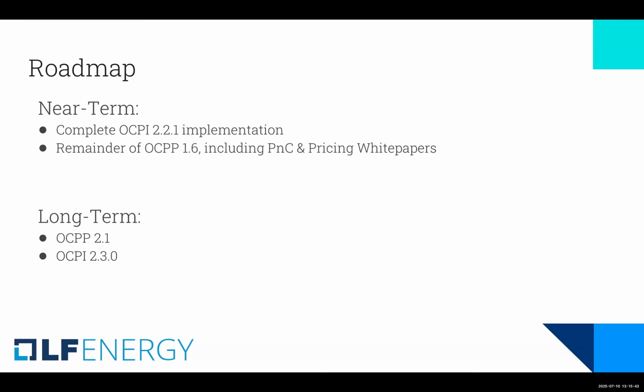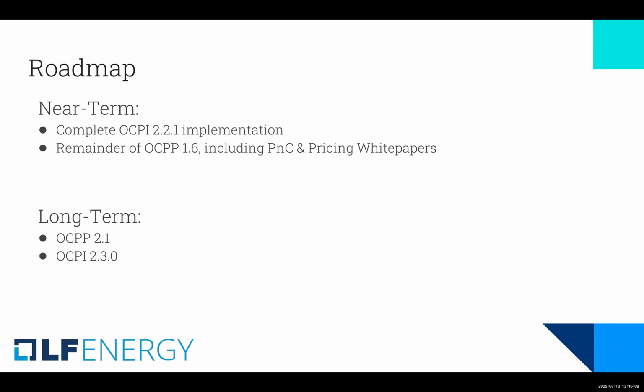Beyond that, OCPP 2.1 is a high priority for us to also add support for. It's a newer version of OCPP. It's not a major change. It is mostly backwards compatible. The changes are focused on adding support for the newer version of ISO 15118, which is the specification that supports plug-in charge.